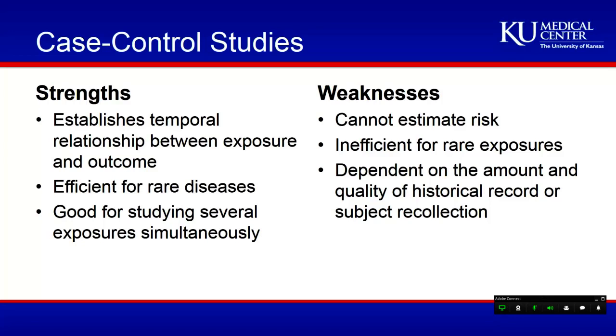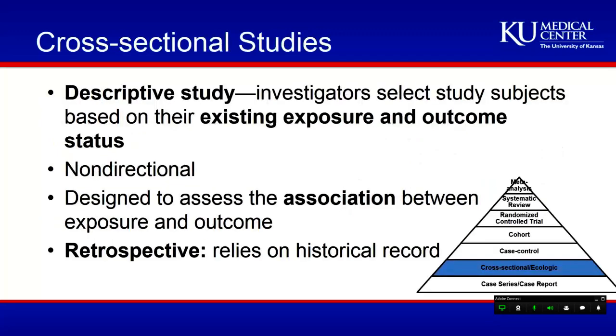The way that we select cases and the way we select controls, you can increase the risk of bias if you're not selecting your controls from the same theoretical population as your cases, right? That could actually bias the relationship between exposure and outcome. And again, of course, they're dependent upon subject recollection or historical records. There's a lot of potential for misclassification there.